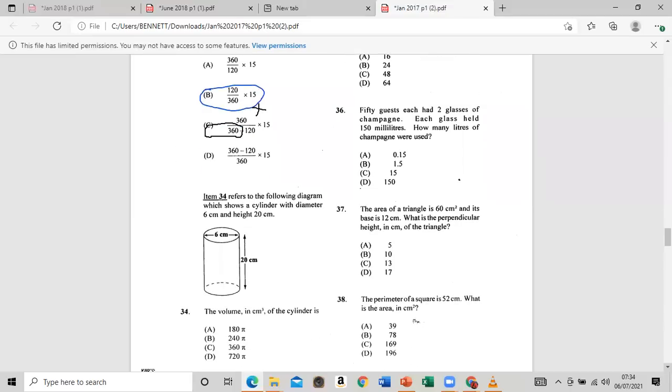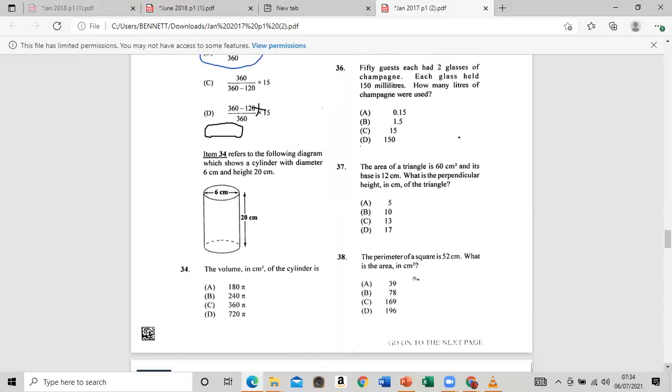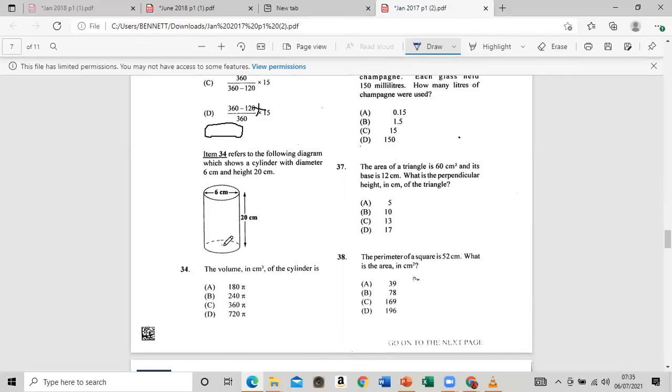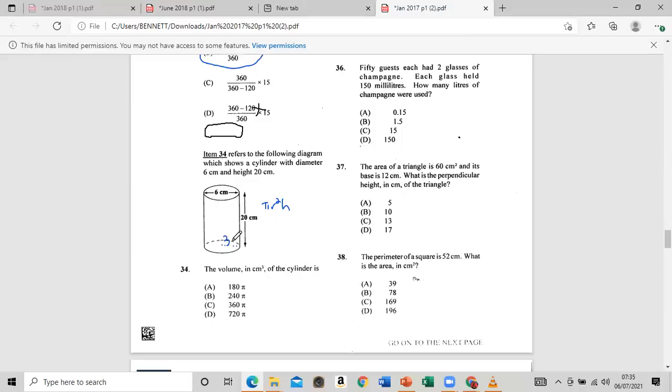All right. The volume in centimeter cubed of the cylinder is, so we know that the radius would be half of the diameter. So half of 6 will be 3. So the volume is pi r squared times the height, because the volume for any 3D shape is the area of the base times the height.